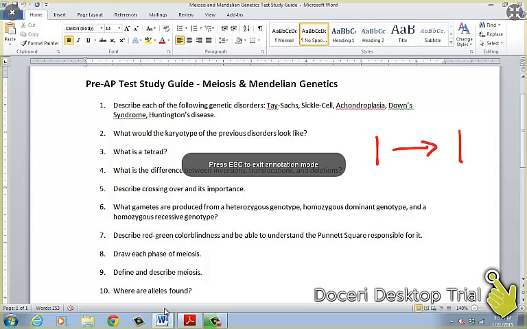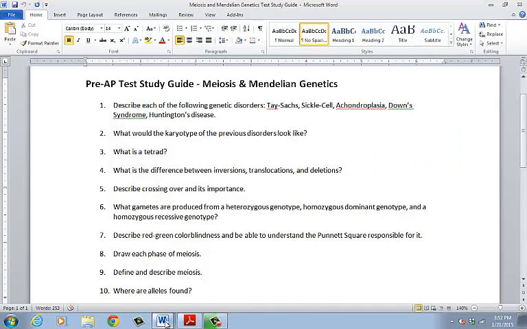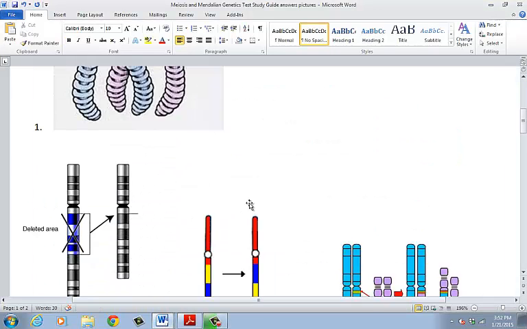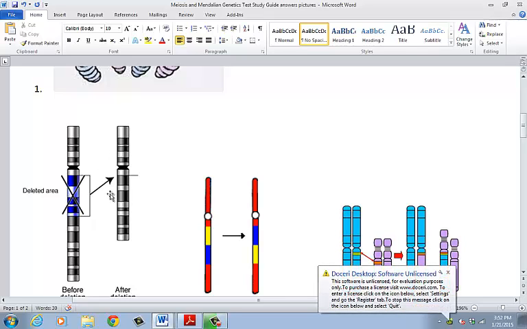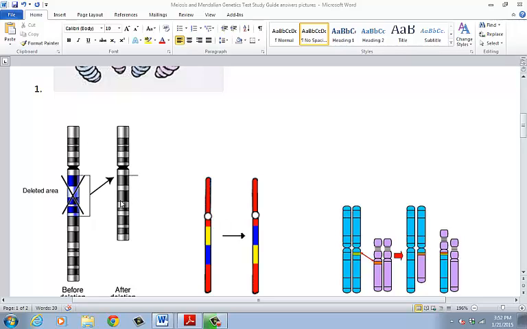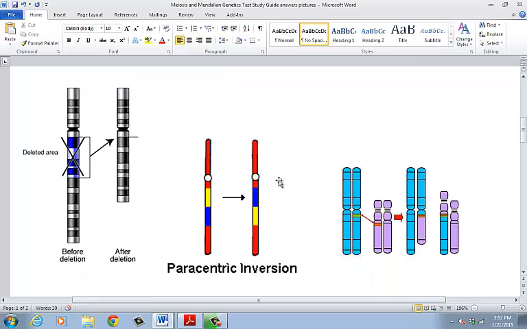deleted. So let me show you a picture here, if I can. All right, there we go. If we go down here, you can see this is a deletion. This is before the deletion, and this is after the deletion, because you can see how this is shorter. And then here, with an inversion, this is just a paracentric one. It's just an example, but this region is now up here.